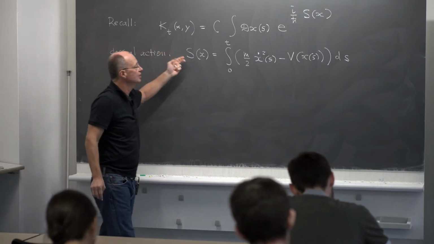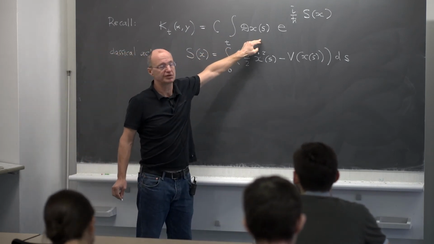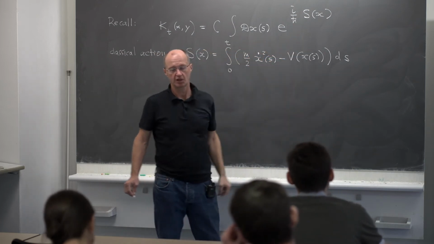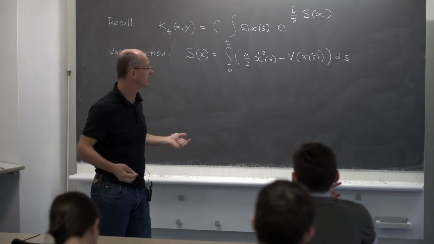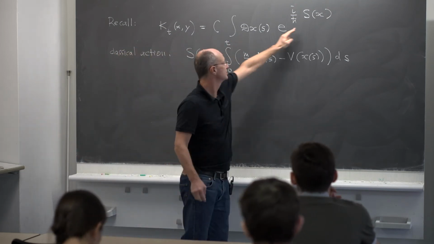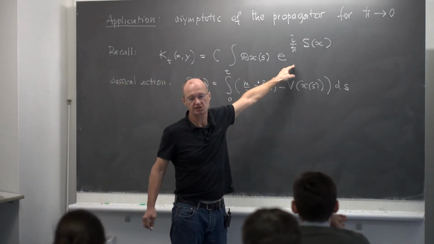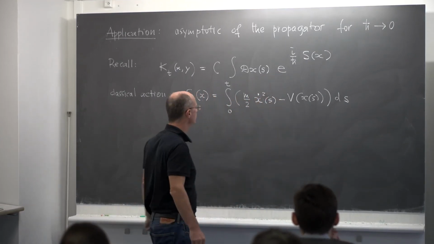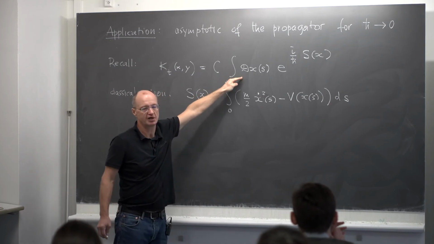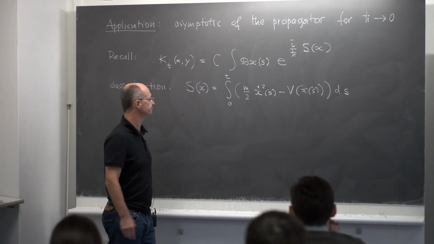As we said before, a priori, this symbol has a meaning of the limit that we wrote last time, but as an integral over some measure, it doesn't have such an interpretation. So now we'll attempt to approximate it by a Gaussian integral.